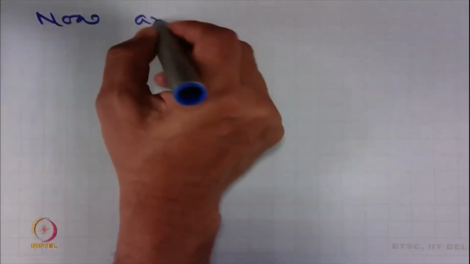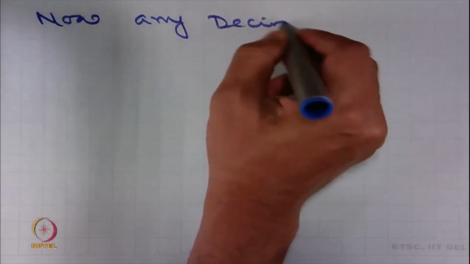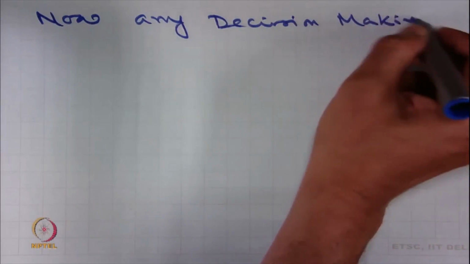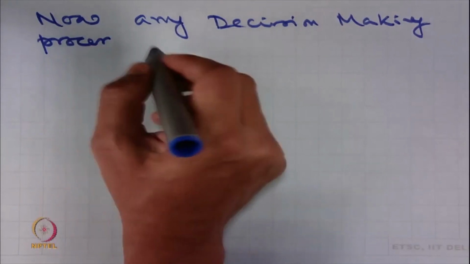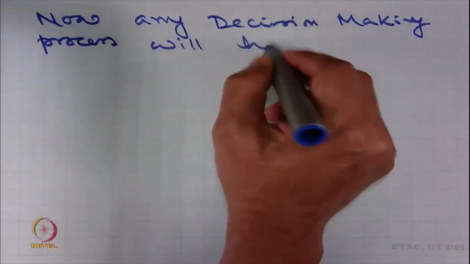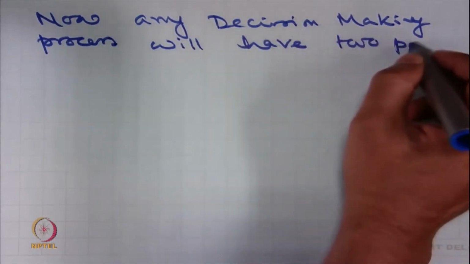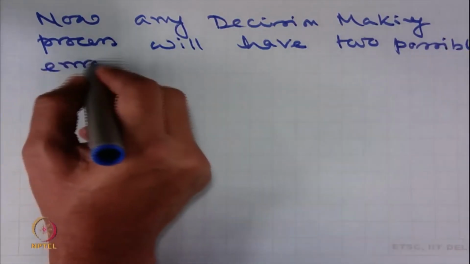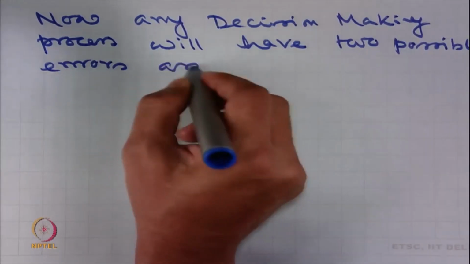Now, any decision making process will have two possible errors associated with it.